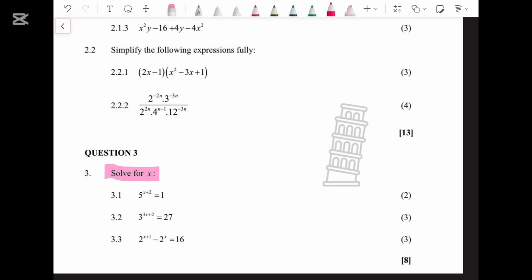When I'm dealing with these exponential equations, my ultimate goal is to make the bases the same. So number 1, which is 3.1 in this case, we have 5 to the exponent x plus 2 is equal to 1. We can write 1 as 5 to the exponent 0, because any number to the exponent 0 is 1.